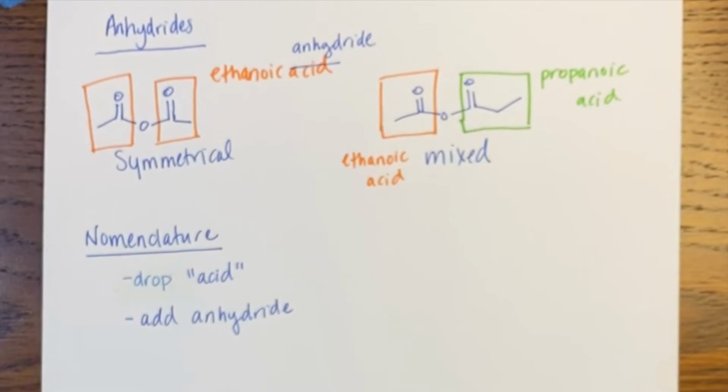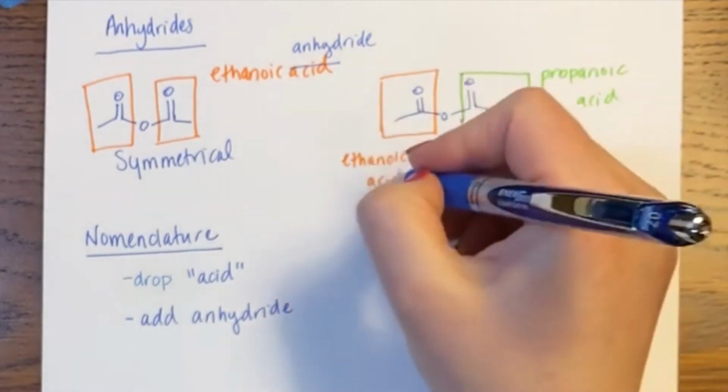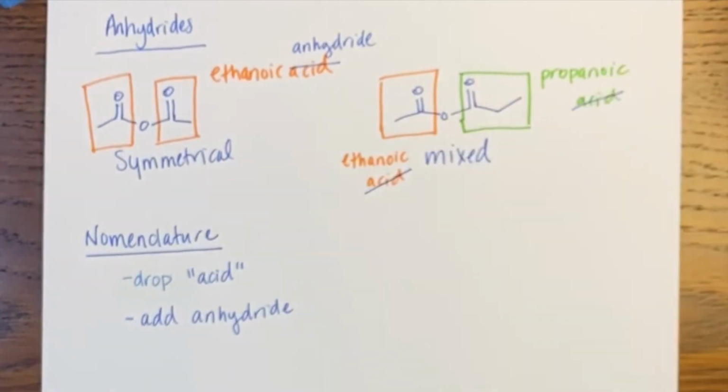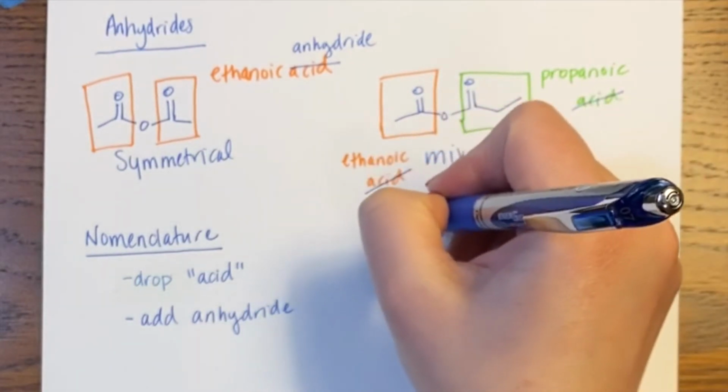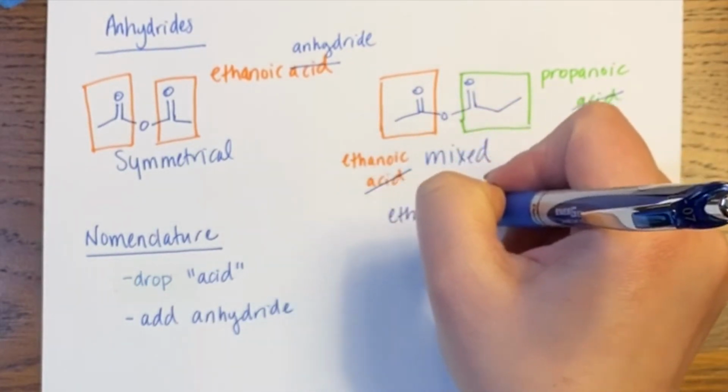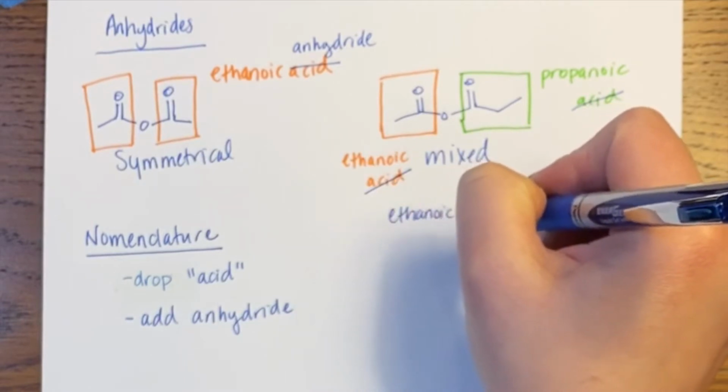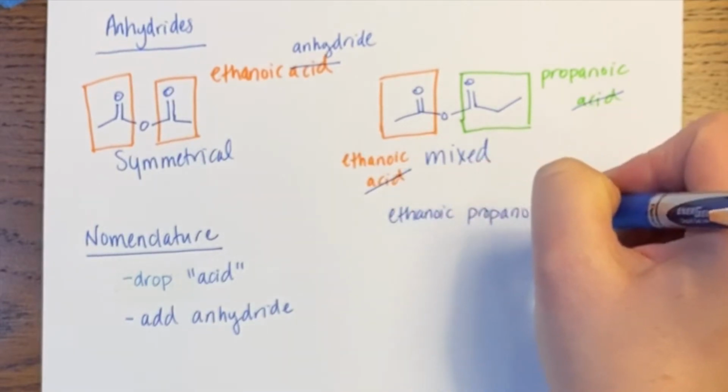So just like we did before, we're going to drop the acid on each of those carboxylic acid parent names. And then when it comes to the mixed anhydride, we're going to alphabetize these parent names and follow them with the word anhydride. So in this case, it's going to be ethanoic propanoic anhydride.